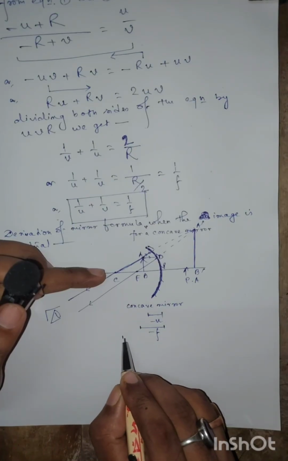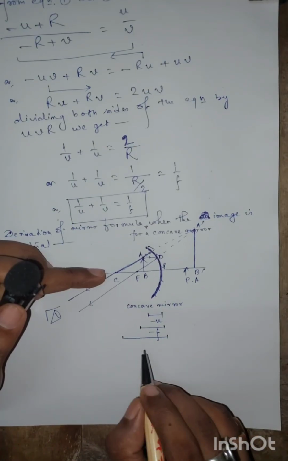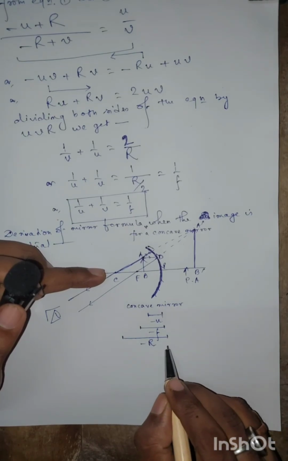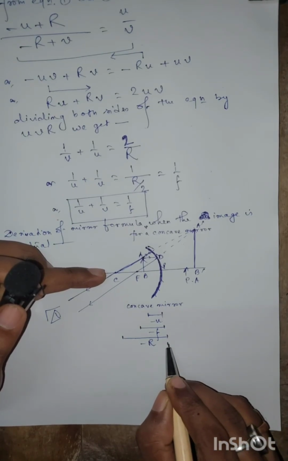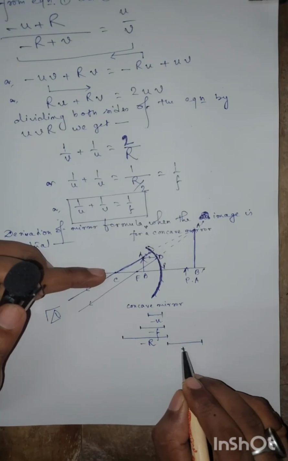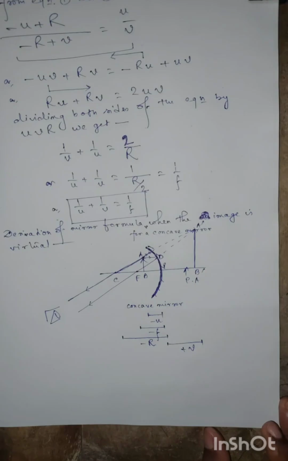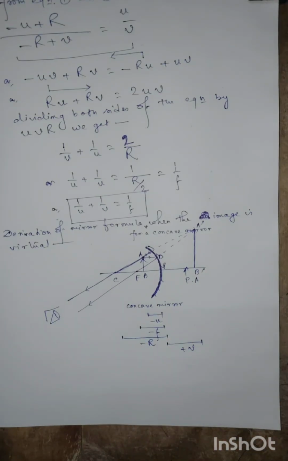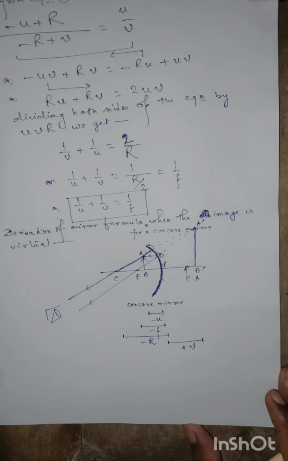This is our radius of curvature, which is minus r, and this is our image distance, which is plus v, because we are going towards the direction of light. So this is what we are getting.